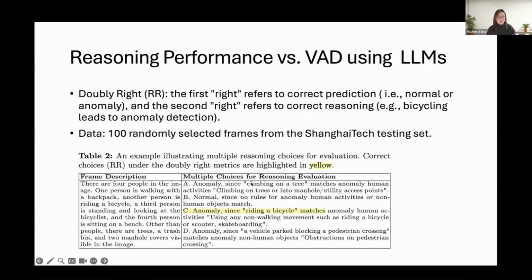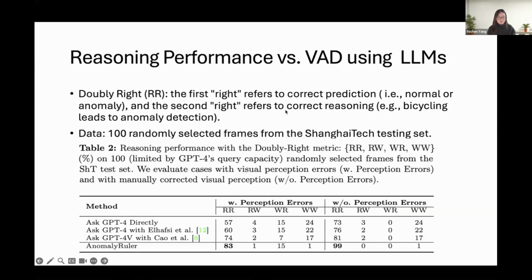We have 3 abnormal and 1 normal. For the abnormal, we have 1 choice with the correct reasoning, but the other reasonings are wrong. So this is doubly right: the right detection and also the right reasoning.